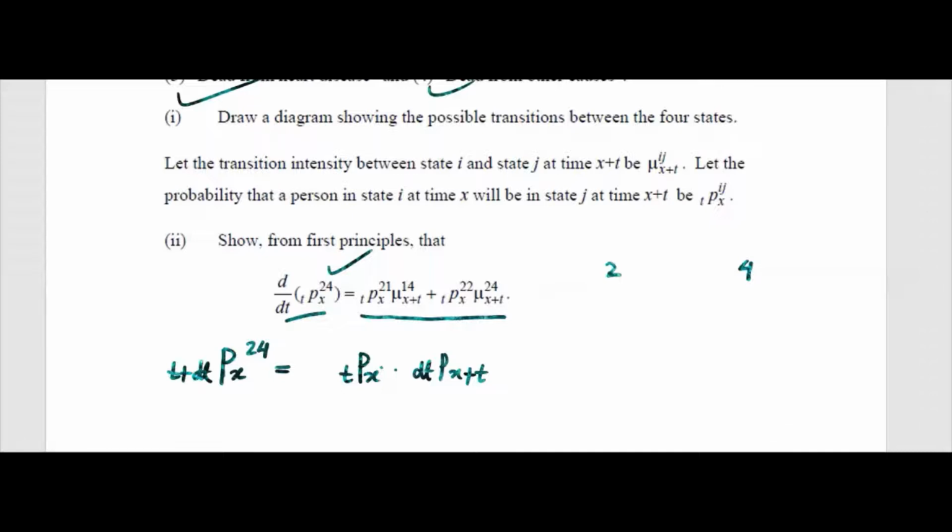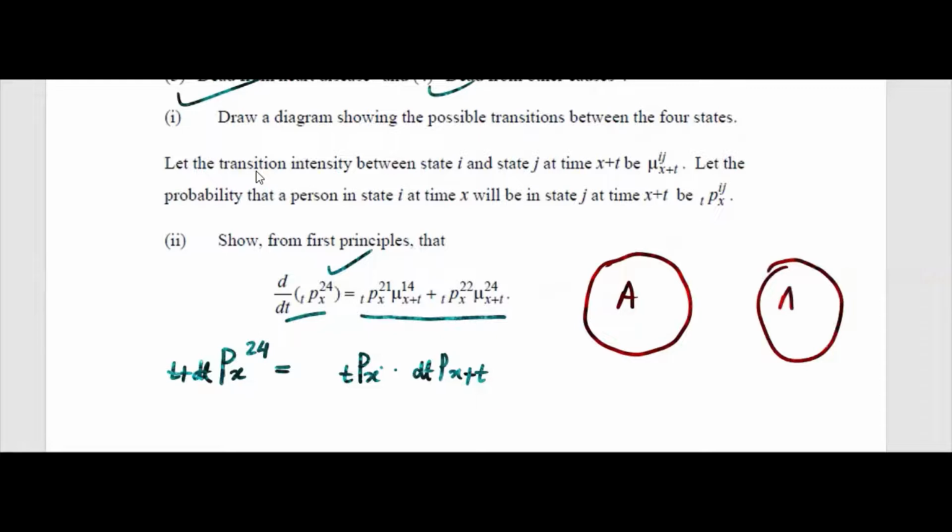And if I write the diagram here, you can say normal active, and this one alive with some condition they've given, and then here death from heart disease, and death from other reasons.